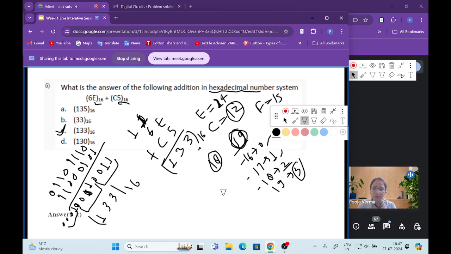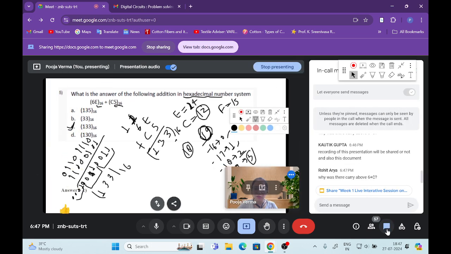There are two ways of solving this question. One is you can add directly, otherwise you can convert into binary numbers and then add. Why was there a carry above 6 plus C?